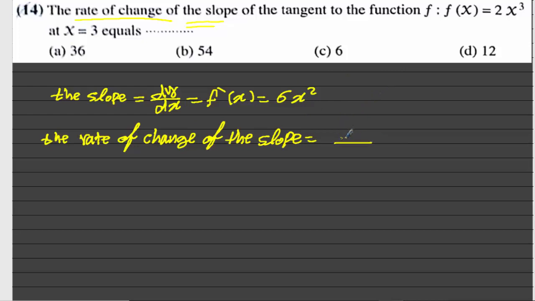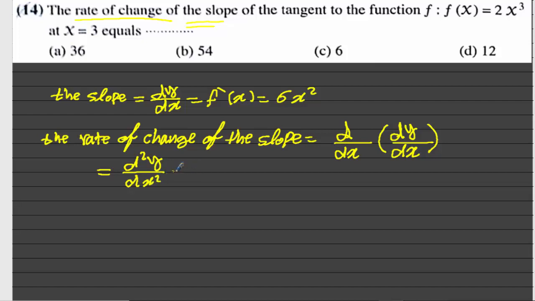You can write it d by dx of dy dx, or you can write it as d2y dx squared. So we have dy dx equals 6x power 2, so d2y dx squared, the second derivative, equals 12x.